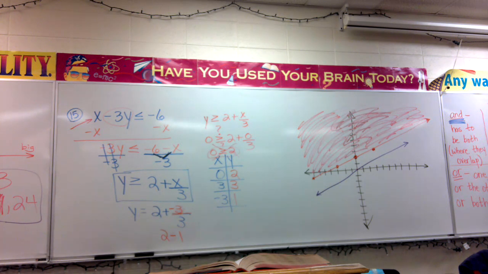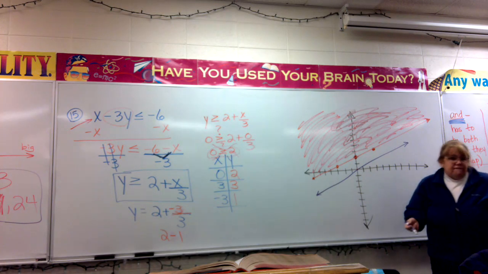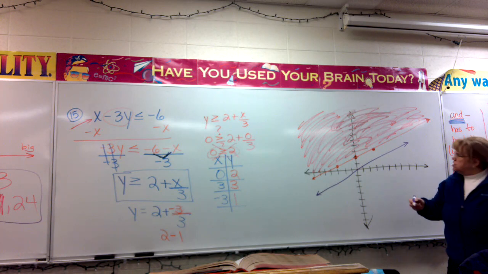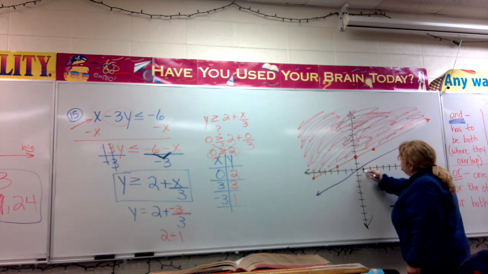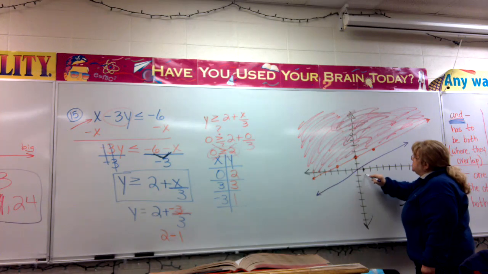So if it goes through 0, 0, you have to pick something else. And you can pick whatever you want, but I would make it be convenient. If you want to pick 5, 5, you could, but that's not very convenient. Here's what I like to pick, something with a 1 and a 0. So X is 1, Y is 0.